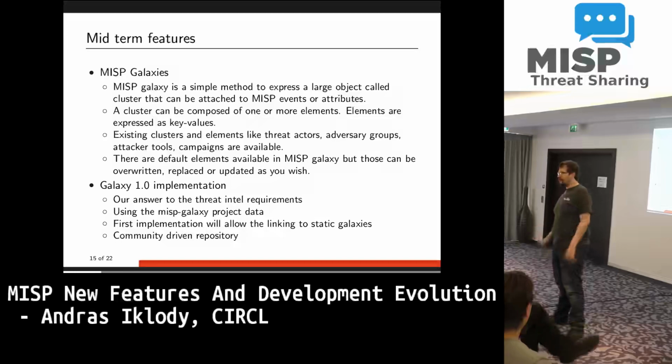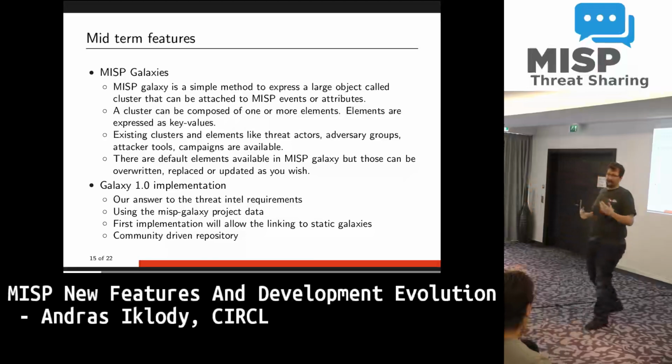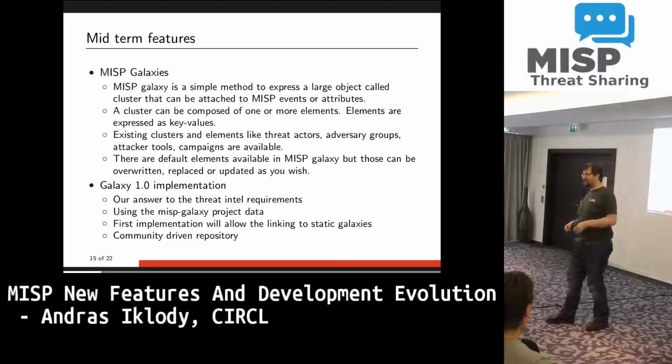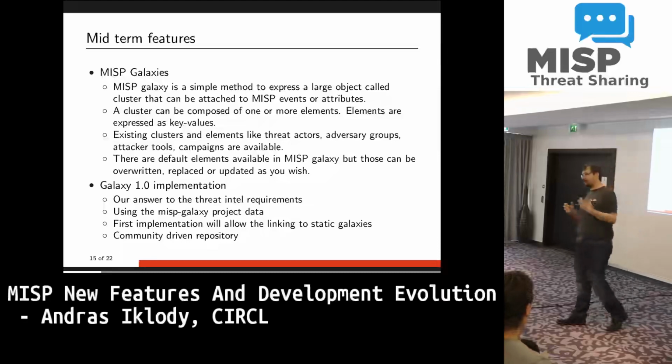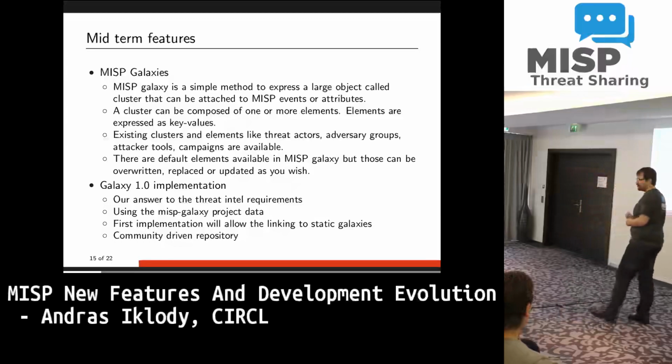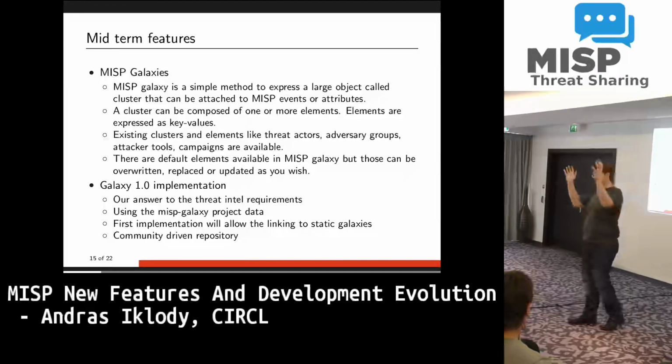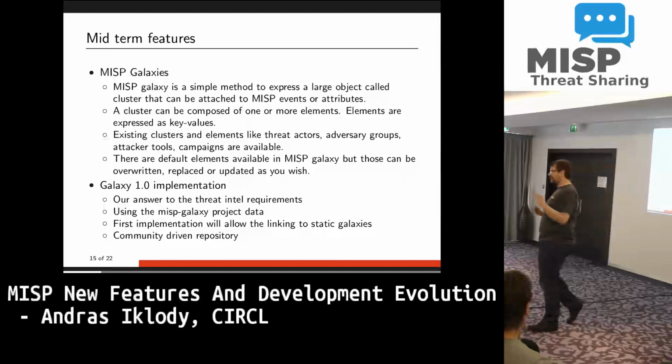Right now what people are doing, they are putting a threat actor name as a tag on an event, which is great, but threat actors are more complex than just a tag. So they can have aliases, they can have additional information such as country of origin and so on. And you want all of this information shared together with an event. So our ideas for galaxies are to have basically these CTI structures sitting on top of events.